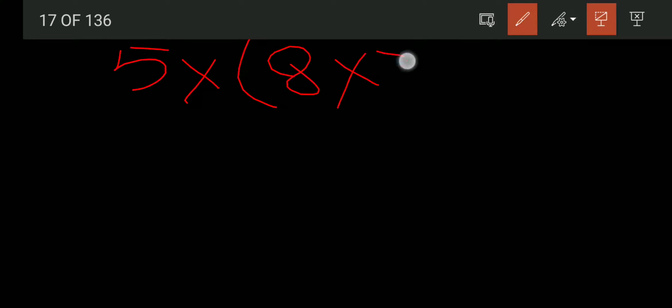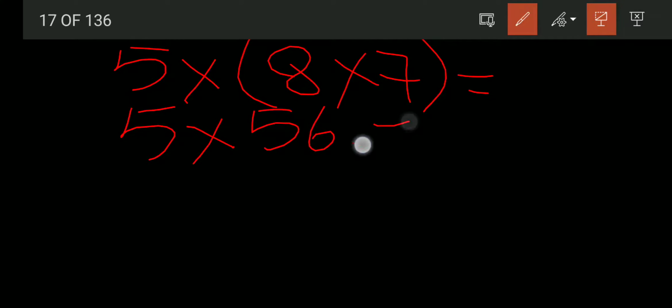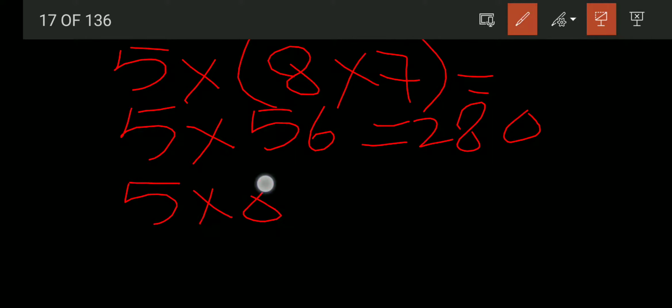See, it is saying that 5 into 8 into 7 equals to, what would be the result? 5 into 8 7s are 56, and that equals 280. Got it? Now the other way we can write it, 5 into 8 in bracket into 7.